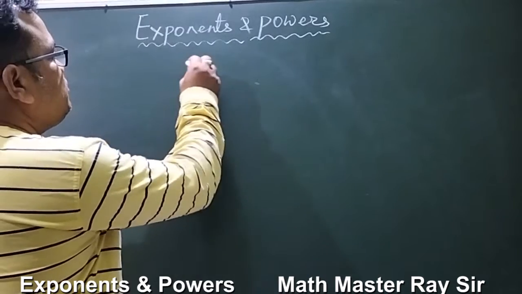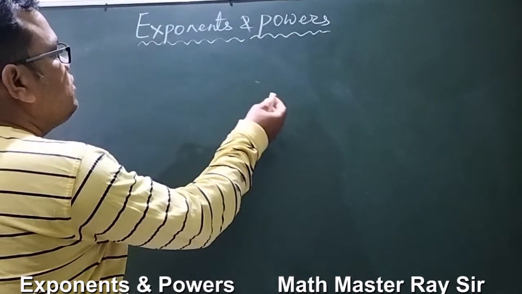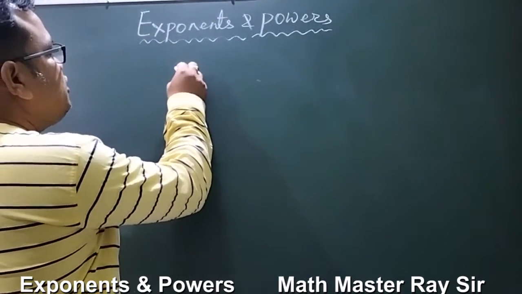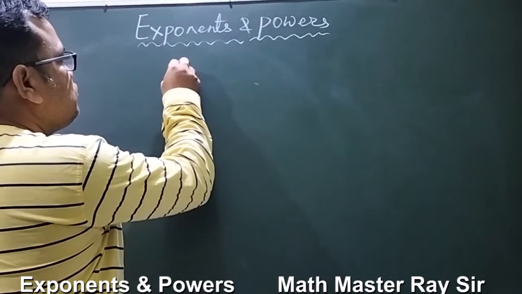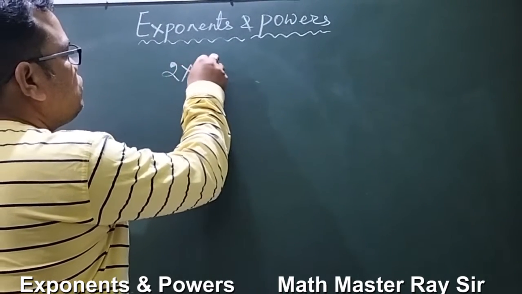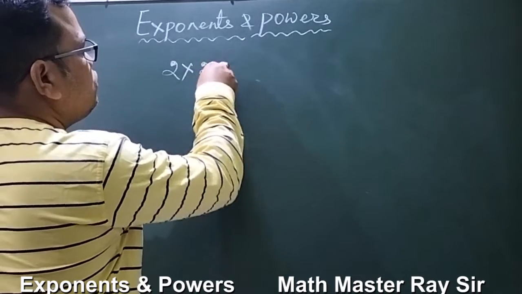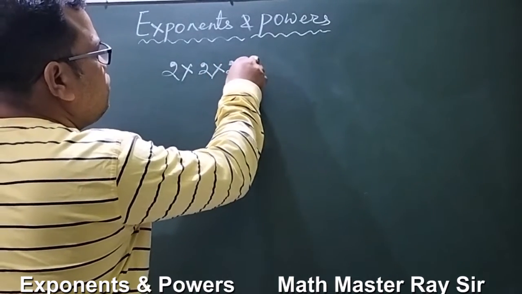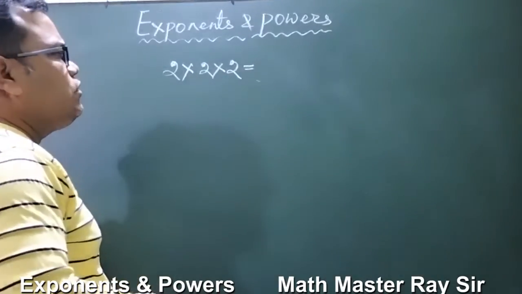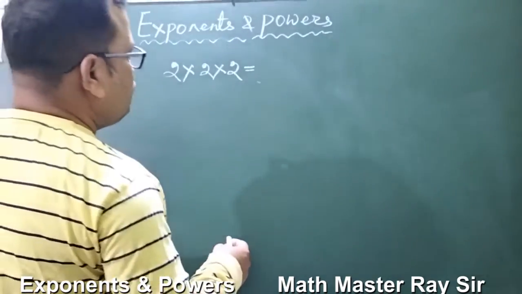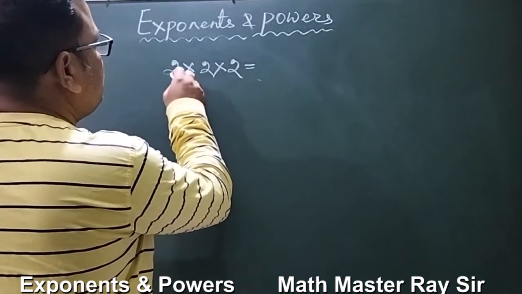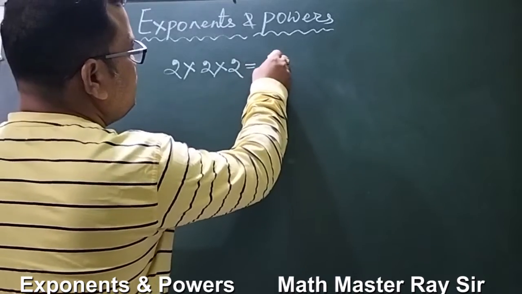Suppose we have to multiply a particular number several times. Repeatedly, if we multiply, suppose 2 into 2 into 2, what will we get? 2 is multiplied 3 times, that's why we'll write the answer 2 into 4 into 8.